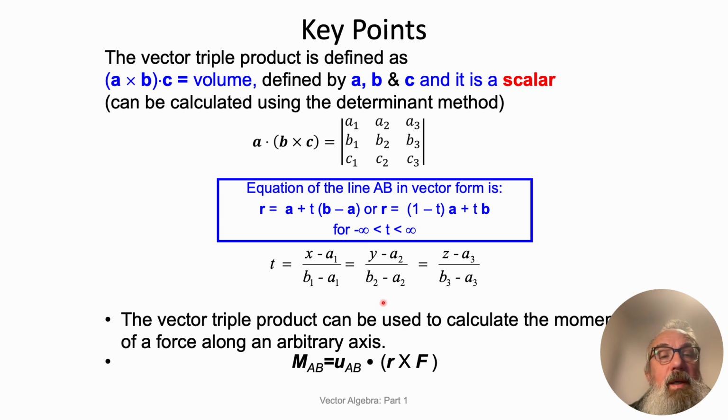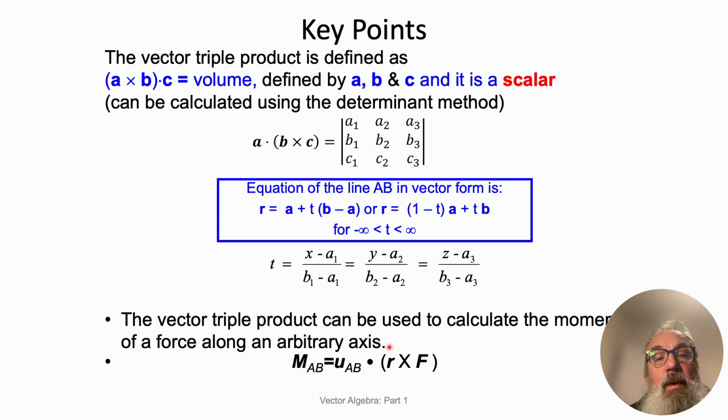We can write this same equation in terms of Cartesian components, and we'll often write it like this, but it is effectively three separate equations for x, y and z, rearranged so they're all in terms of this t.